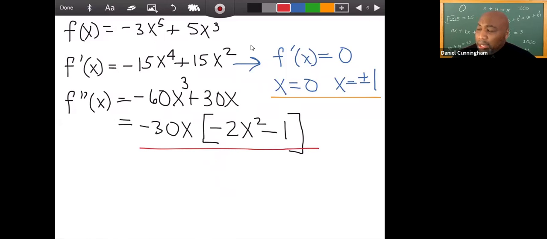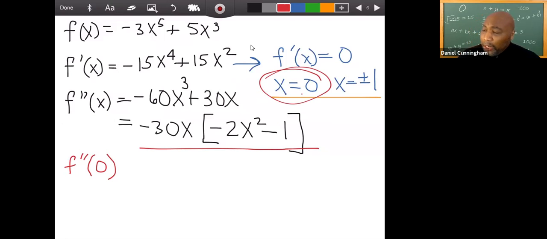Now what I'm going to do is plug in those 3 values in the second derivative, and it's going to tell me. So let's try f double prime and plug in 0. I plug in 0 into the second derivative in factor form to see what happens. We end up with 0 times some number, which is 0. So in this case, the test fails.